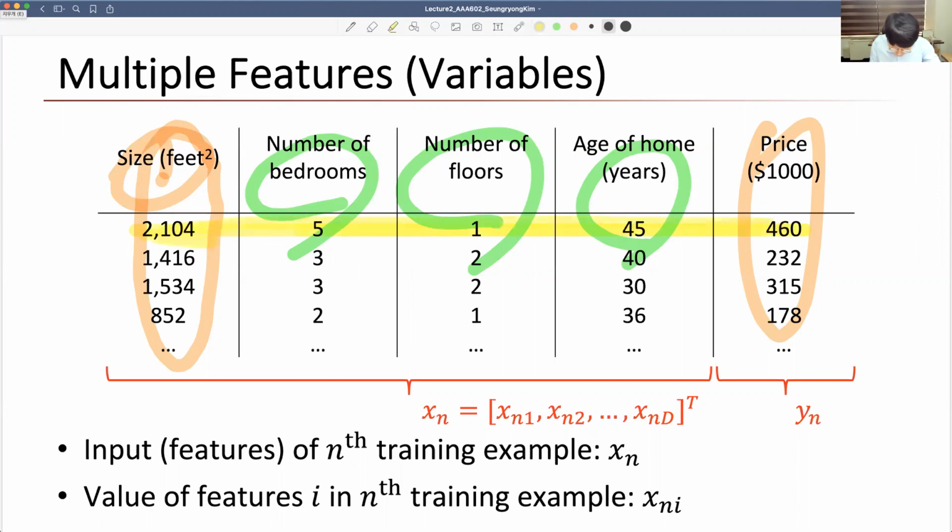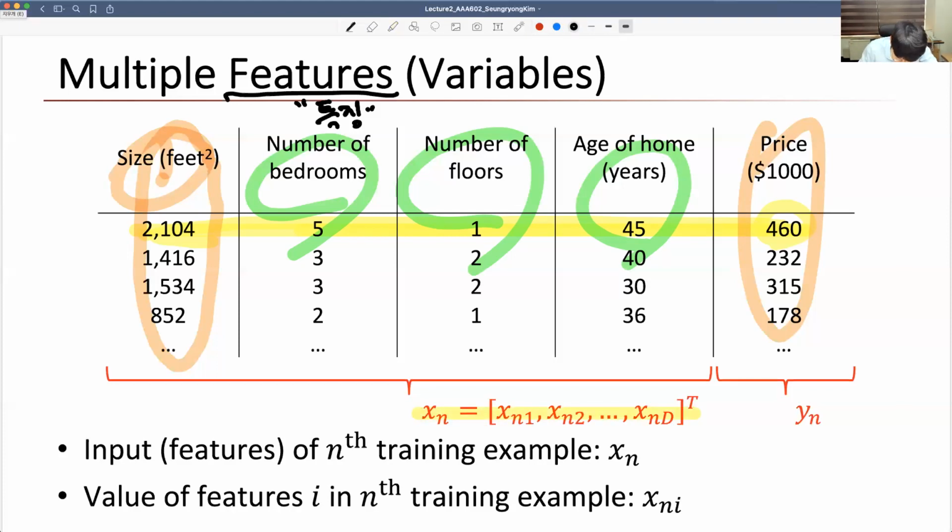Here, to regress the price of the house, we can now consider several kinds of features. Let's say feature, in Korean, 특징. So each input can be represented in a vector form.